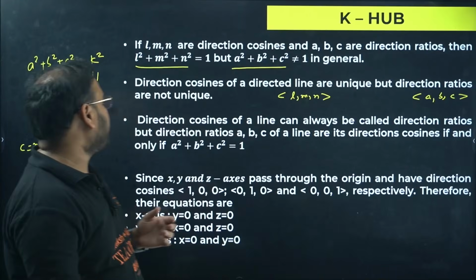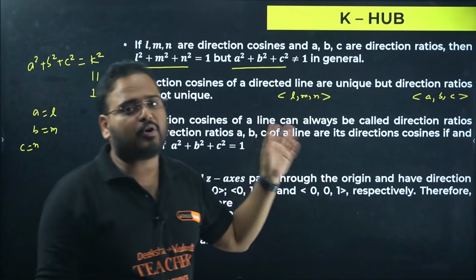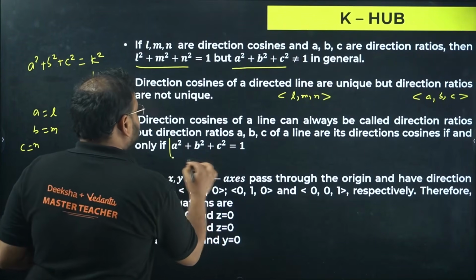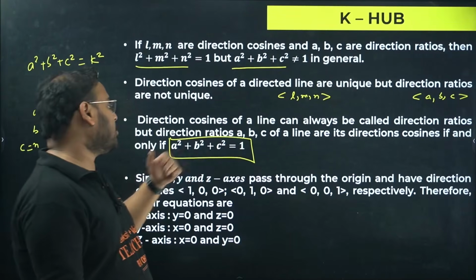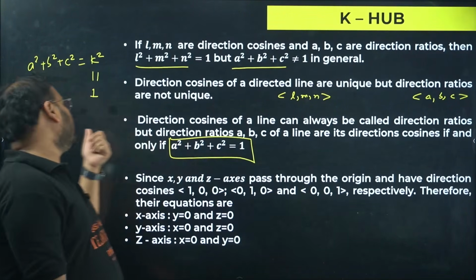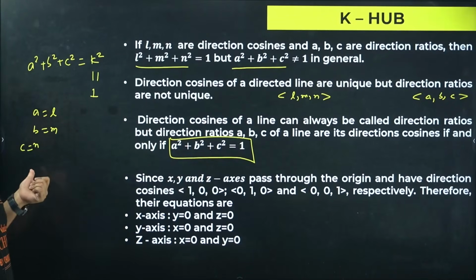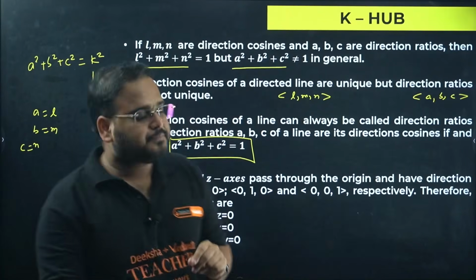Now, direction cosines of a line can always be called direction ratios, means DCs can be called DRs, but not vice versa. Only when a is equal to l, b is equal to m and c is equal to n will this rule be true. Clear, guys?